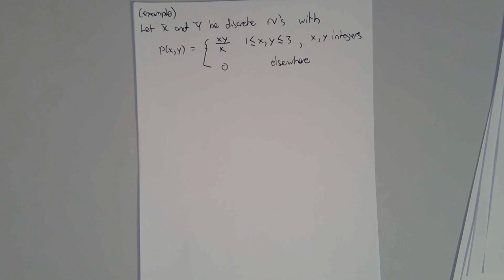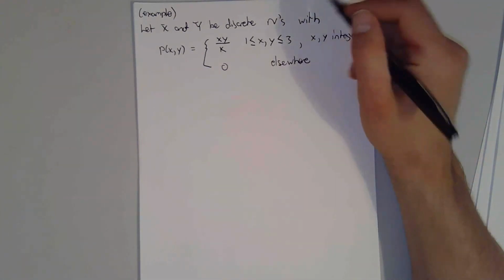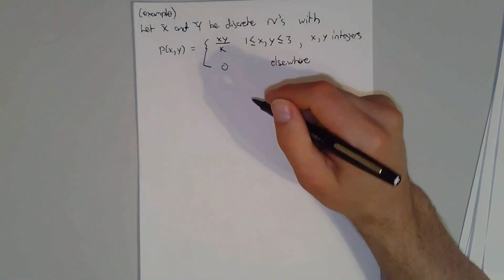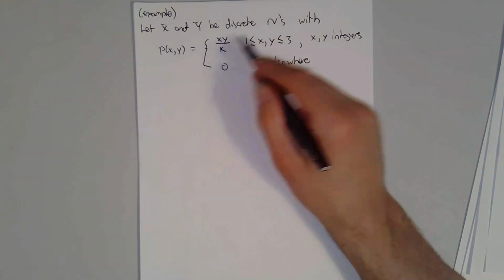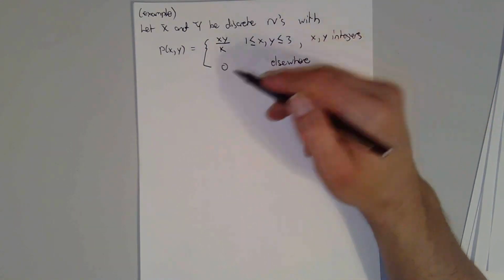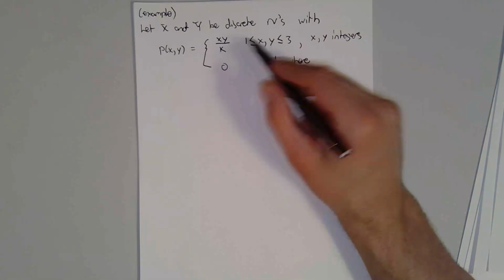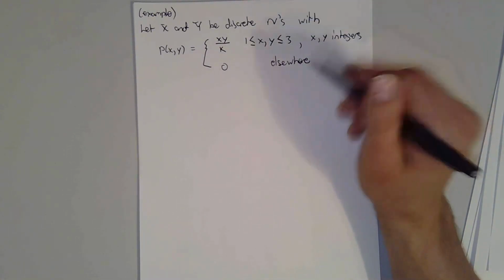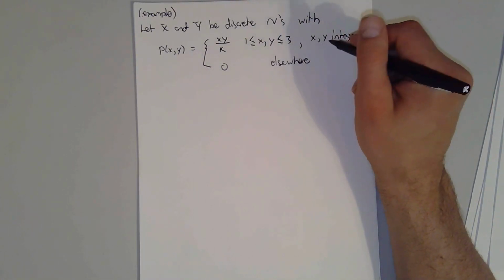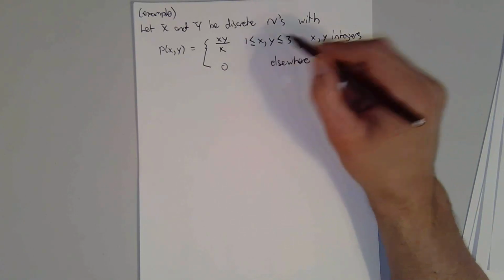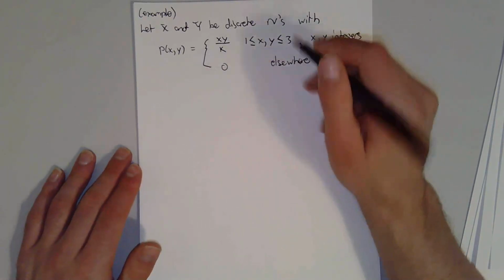So let X and Y be discrete random variables with the following joint PMF. So our PMF is given by the following. At each pair, at each x and y, it's defined as follows. And this is for only integers x, y falling between 1 and 3. And it's 0 elsewhere.